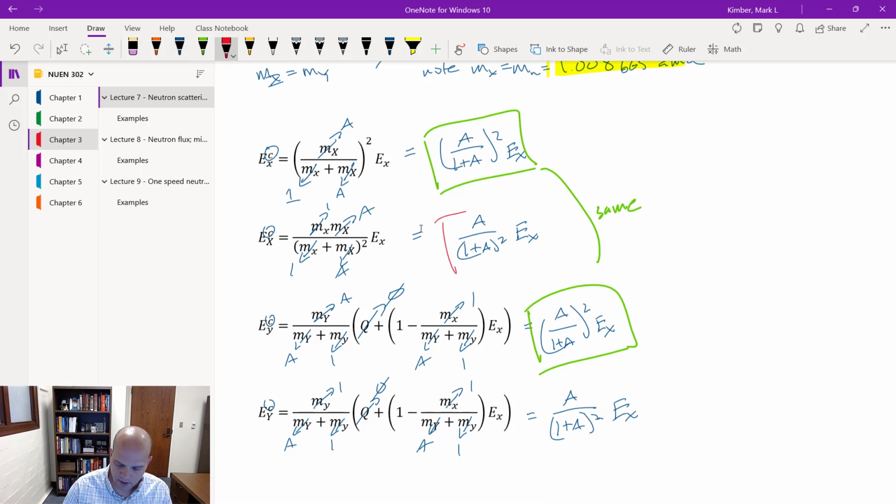And this, not surprisingly, is equal to what we found for the heavy particle before. The heavy particle after and the heavy particle before have the same kinetic energy when expressed in the center of mass reference frame. And the light particle before and the light particle after have the same kinetic energy when expressed in the center of mass reference frame.